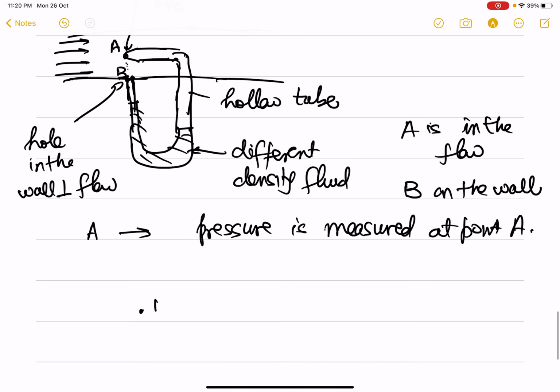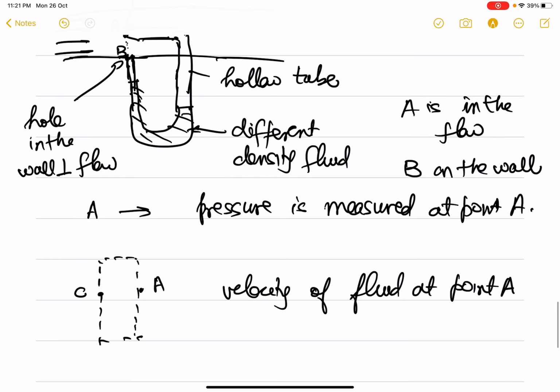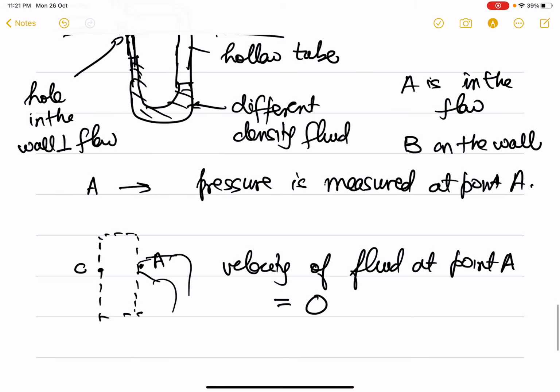If this is the point A, if I draw a small control volume just in front of point A, and let me say this point is C, then what is the velocity of the fluid at point A? Clearly, at point A, we have the pitot tube and the flow is going inside. So there is no flow inside the pitot tube. So velocity of the fluid at point A is equal to 0.